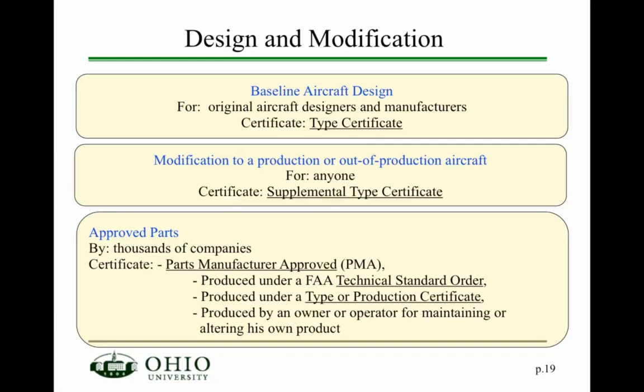So, for example, if a manufacturer wants to make a new function with a box system associated with a new function, they could get a supplemental type certificate to get it on a particular aircraft. Then, of course, the third option here is the approved parts, and we've already talked a couple times about the technical standard order, TSO. We'll talk about all of those a little bit more. So this is the parts manufacturer approval, type of production certificate, and TSO.